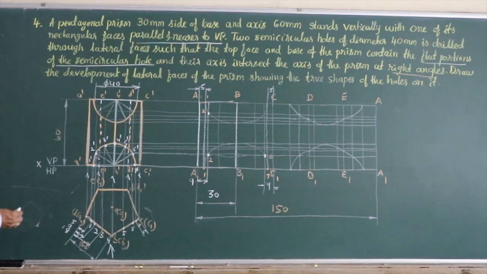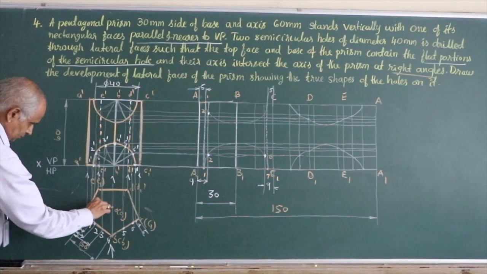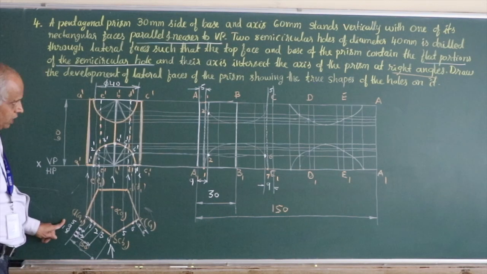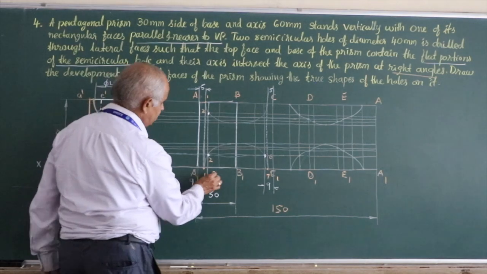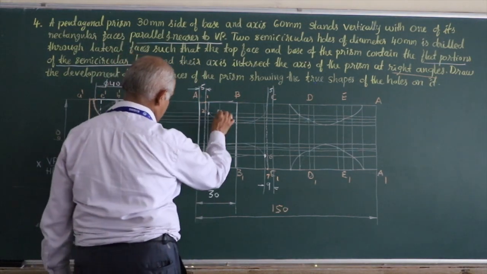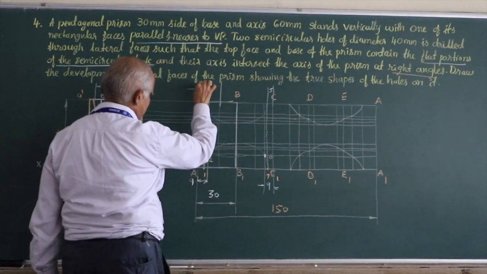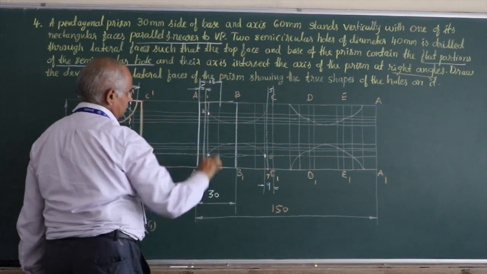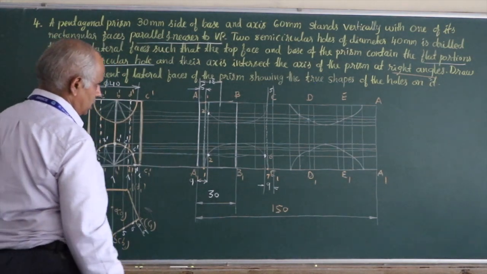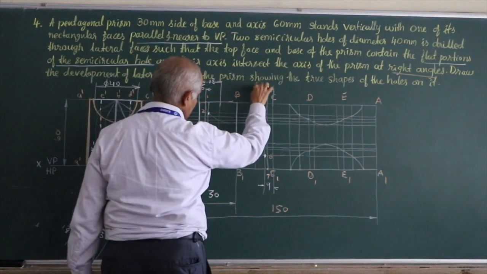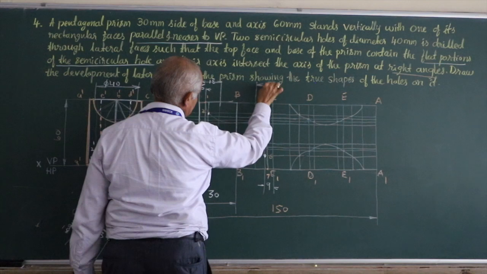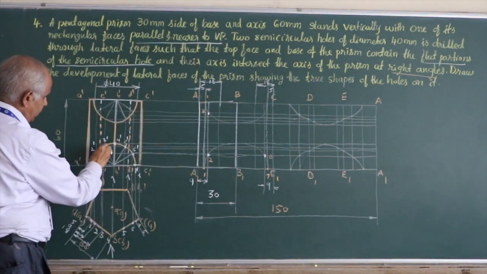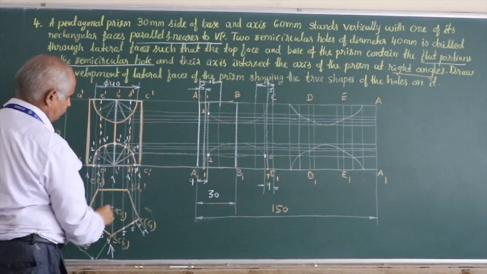Similarly, if you try to locate 3, it is at a distance of 18 mm from A1. From A1, take 18 mm, that is this distance is 18 mm. Similarly, we can take 18 mm from CC1 also by symmetry, and I get these lines, and on that I should get 3 as well as 5.